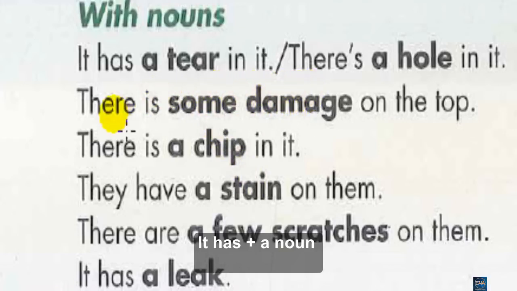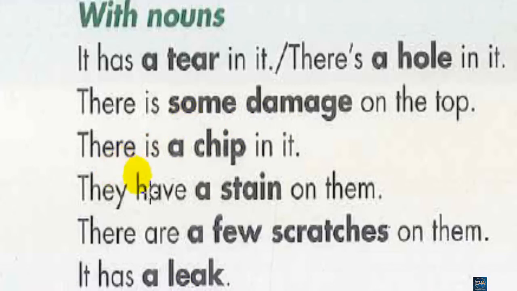So we say there is or it has plus a noun, like a leak, a tear, a hole, a chip, a scratch. There is a scratch if it's just one scratch.